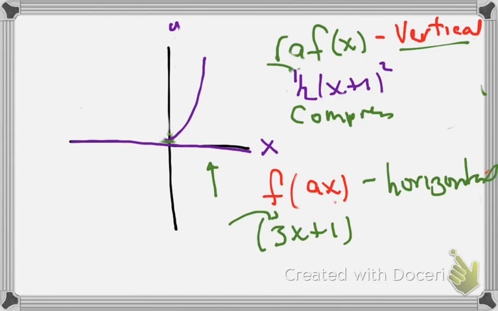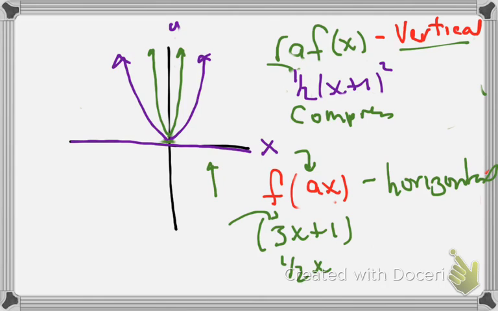So here's my parent function, and my narrow would be like this again. What am I doing to the horizontal axis this time? Because remember, it's the a's inside. So horizontal means that I am compressing it to make it narrow, and I'm stretching it. So if I had a 1/2 x plus 1 here inside, that would stretch, and this one would compress.